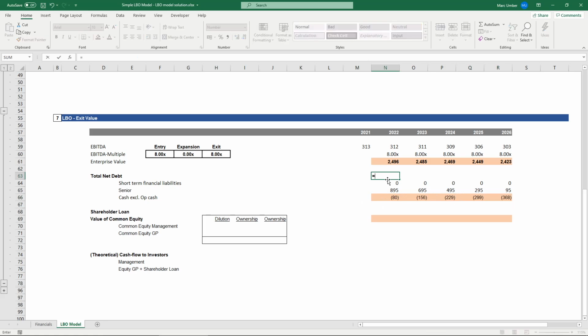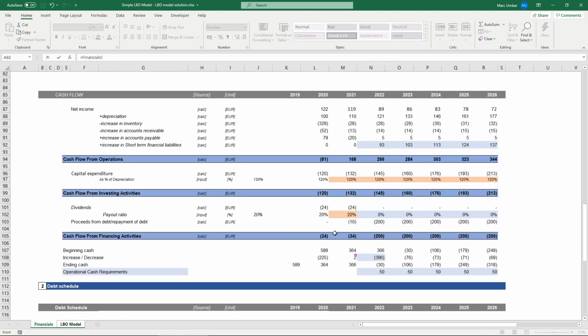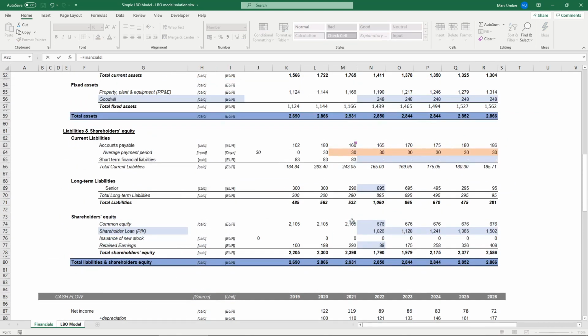Now we can calculate the total liabilities, short-term plus long-term minus cash. This is the total net debt. Okay, we have a shareholder loan. There you go, shareholder loan end of 2022.